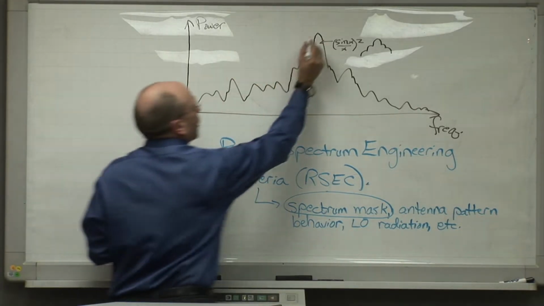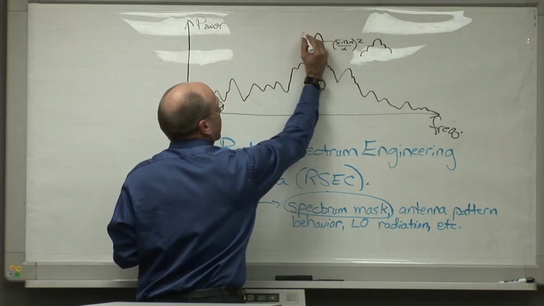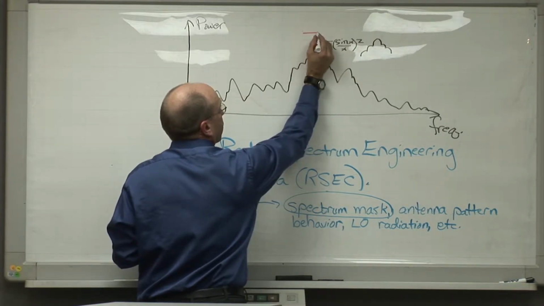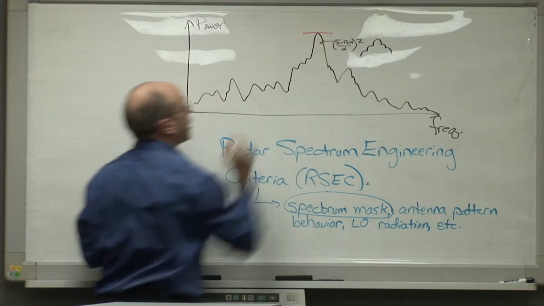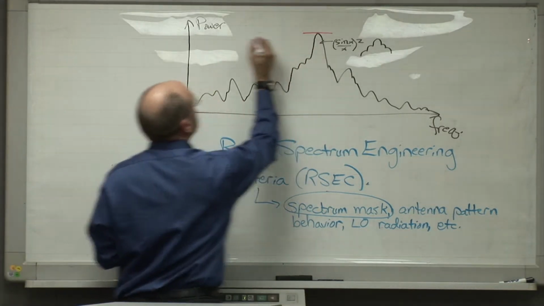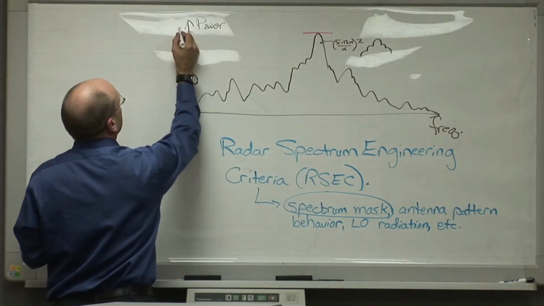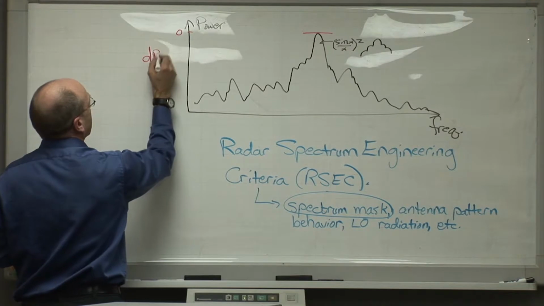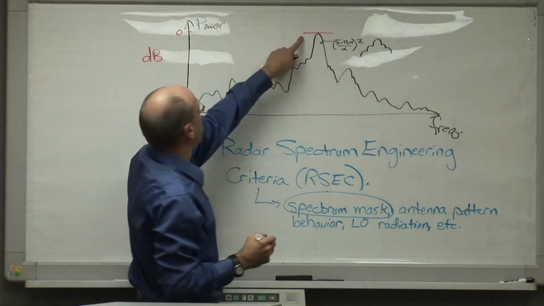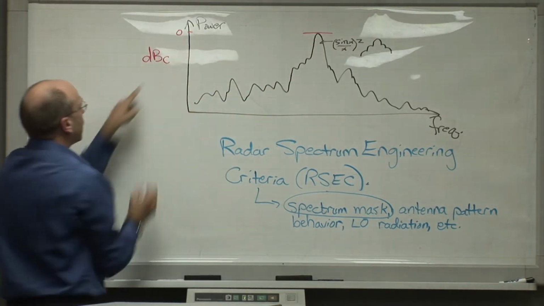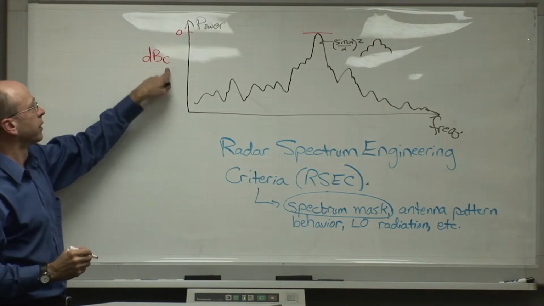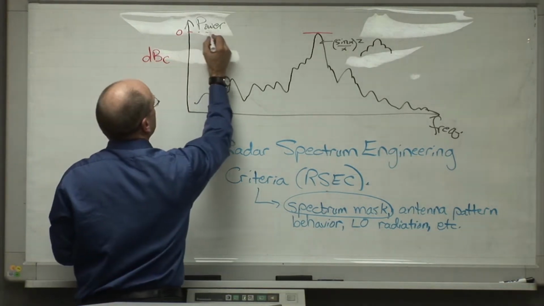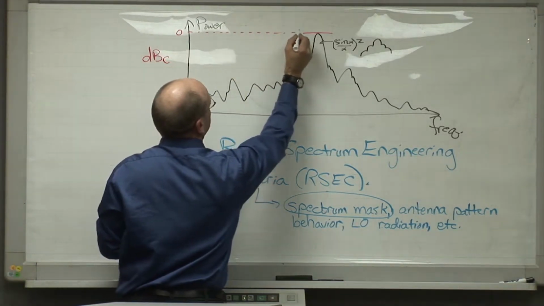NTIA draws a mask which looks like this. First, there's a chimney which goes from the 0 dB point in the spectrum, 0 dBc actually. Remember, decibels are relative to the power at the center frequency. We start off at 0 dBc, like so.